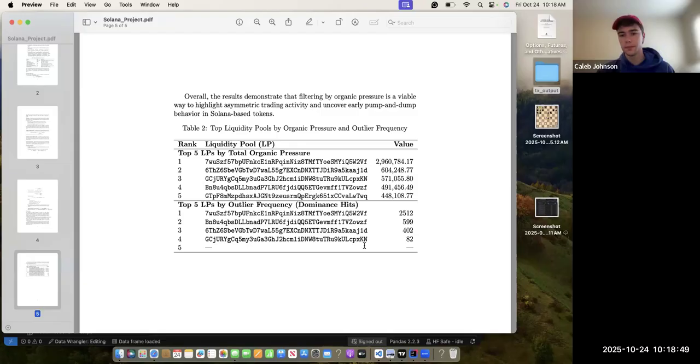I think that could standardize the organic pressure across liquidity pools. Yeah, that's a good idea.